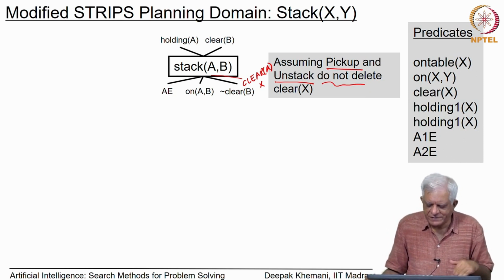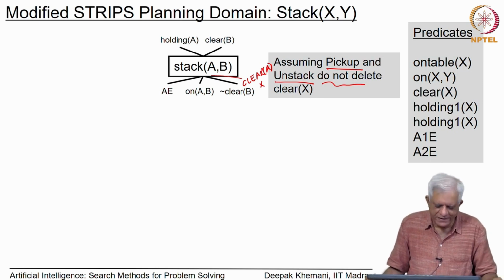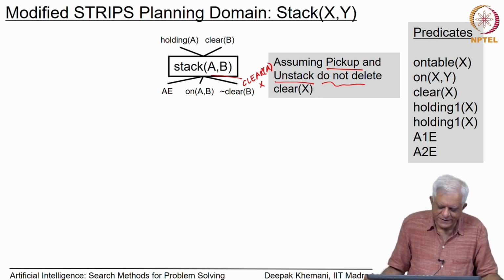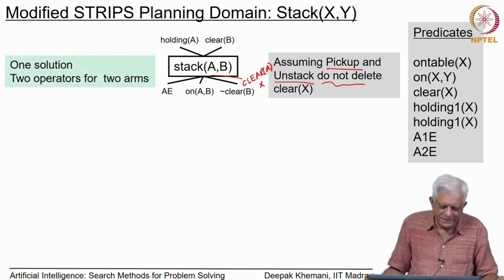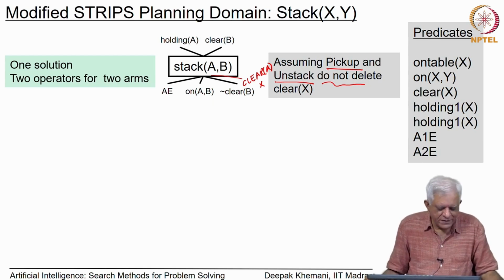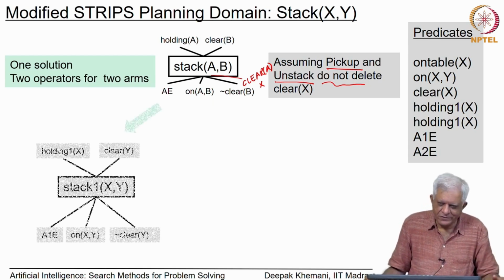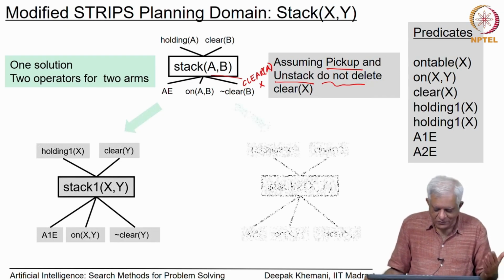So, working with this version where we are not deleting that clear thing, the simplest thing to do is to simply have two separate actions with different names for the two arms and without going into too much creativity. Let us just assume that the action is called stack 1 and the other action is called stack 2 essentially.